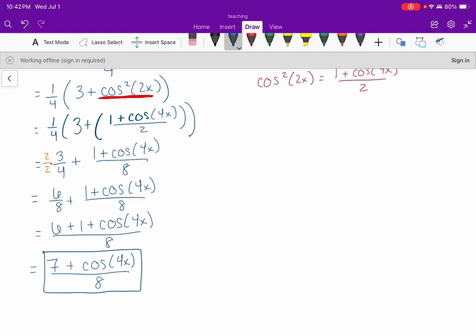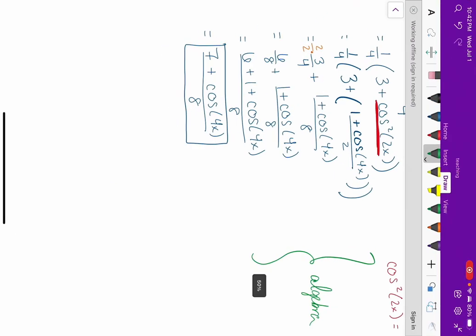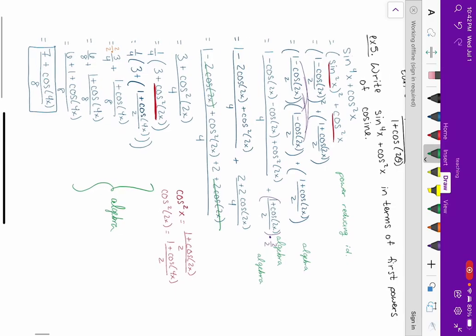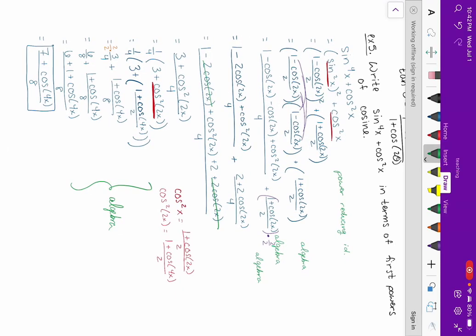A lot of this was just algebra. I'm going to change my screen for a second so that you can see the whole thing a little bit easier. I'm going to zoom out some. This is a long problem, lots of algebra.